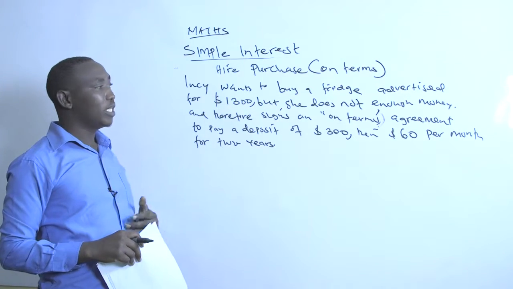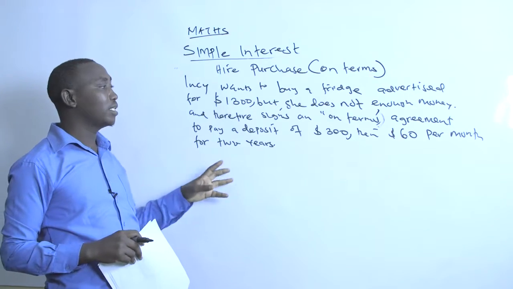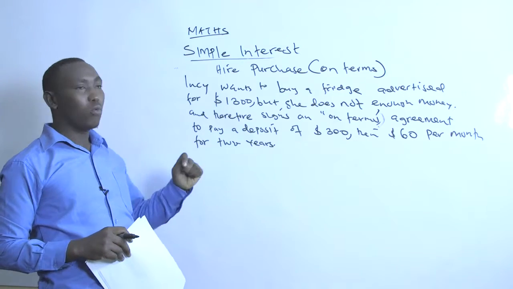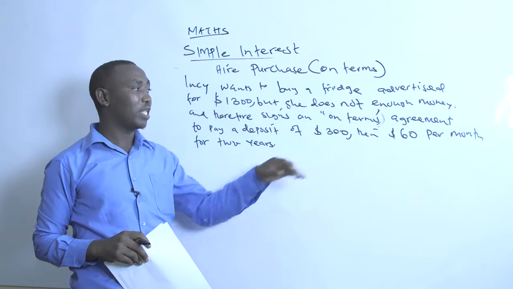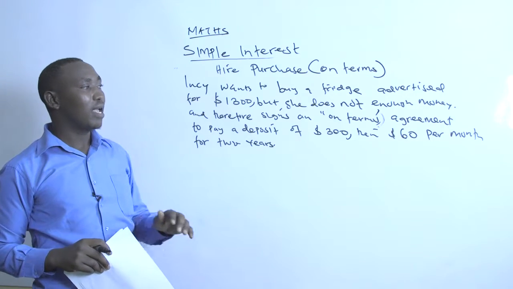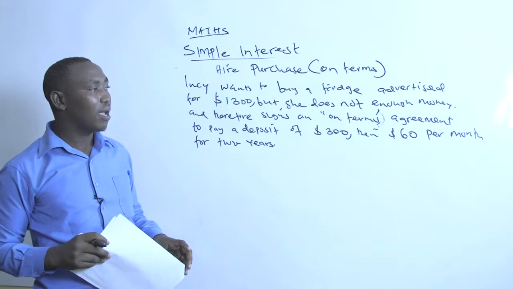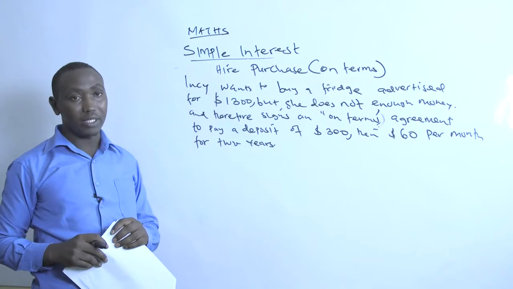But Lucy does not have that money at that particular moment, and therefore signs an on-terms agreement with the seller, which allows her to pay a deposit or a down payment of $300. Then the balance will be paid at $60 per month for a period of 2 years.